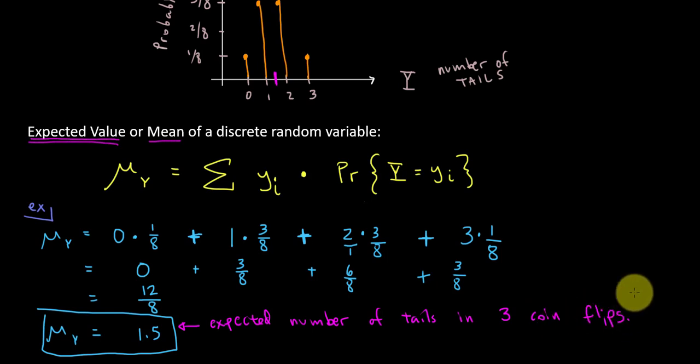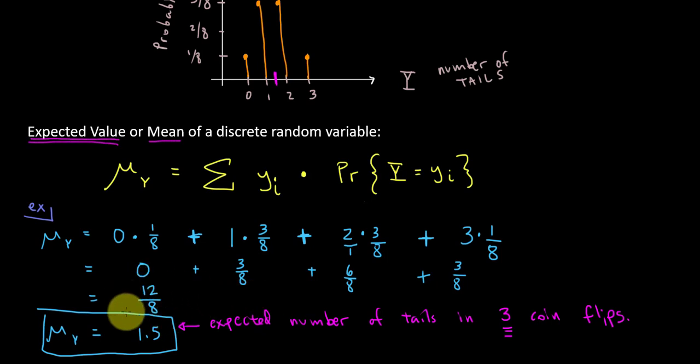If you were to flip a coin 3 times, and then 3 times again, and 3 times again, every single time you might get 0 or 1 or 2 or 3, but on average, they should average to 1 1/2 tails.